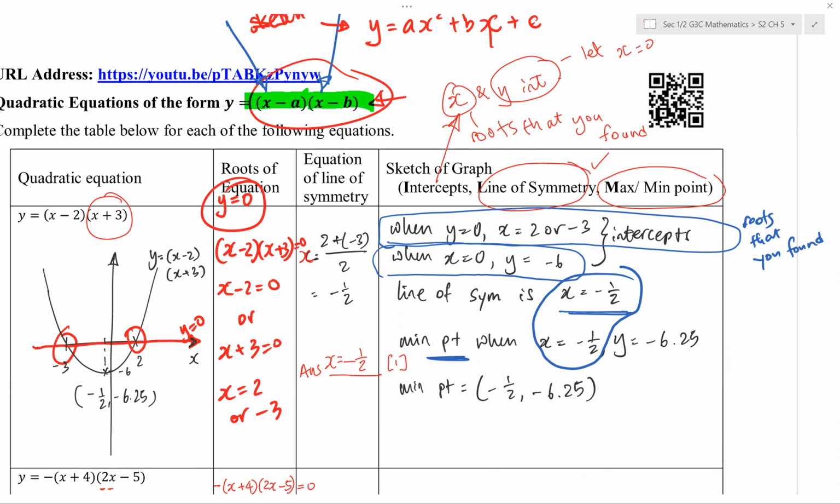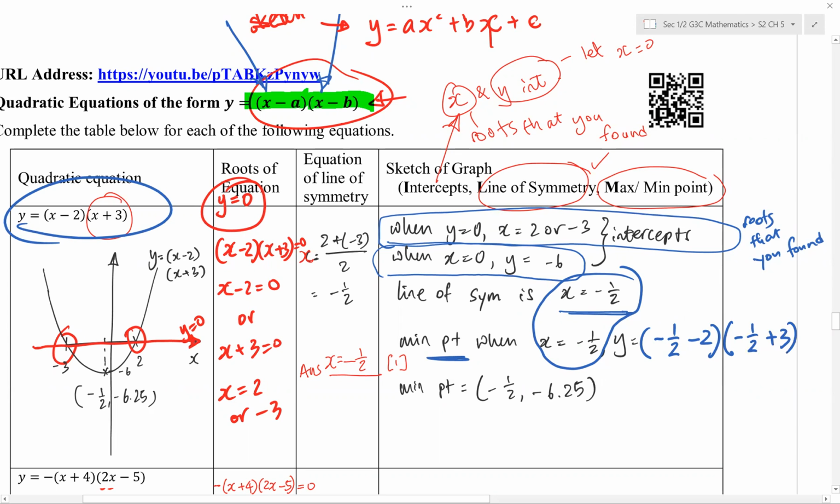And what about the y value? How do I get -6.25? I had to substitute back into the equation, where x minus 2, x has a value of -1/2, minus 2, multiplied by x plus 3, x has a value of -1/2 plus 3. Calculator will tell you that it is -6.25.